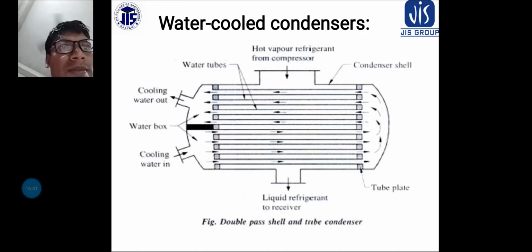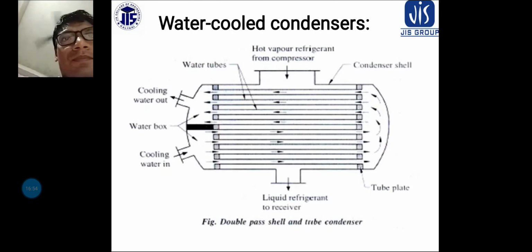Now, in case of a shell and tube condenser, it consists of a cylindrical shell in which a number of straight tubes are arranged in parallel and held in place at the end by tube sheets.